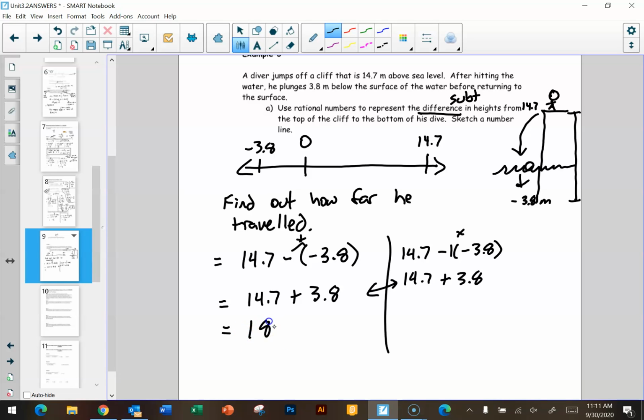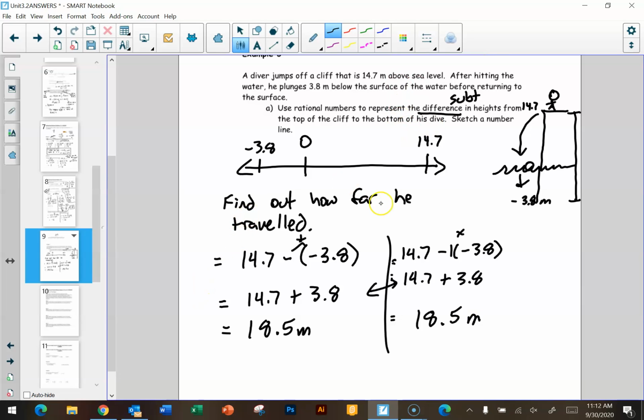That should equal 18.5 meters. Don't forget the units. And this one, you will get the exact same thing, 18.5. Okay, 18.5 meters. Quick check on my calculator, just to see if I made a mistake. 14.7 plus 3.8 equals 18.5 meters.